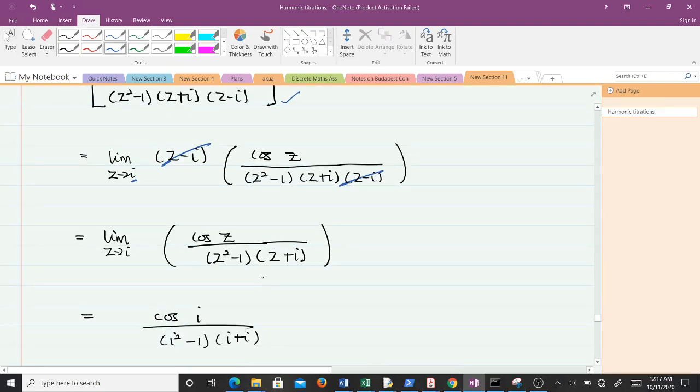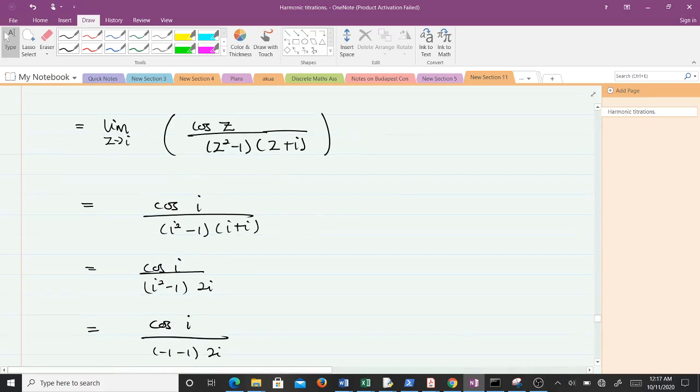Then the next thing is to put in our limit. Putting in our limit gives us cos i, then i squared minus 1, then times i plus i. Here we should know that i squared is the same as negative 1, and i plus i gives us 2i. So that's what we have here.